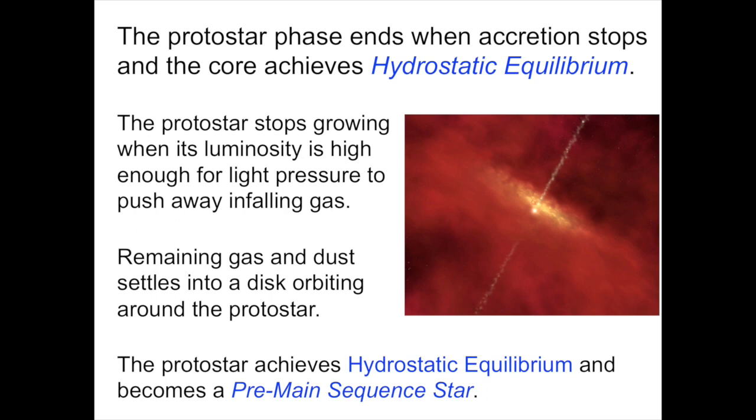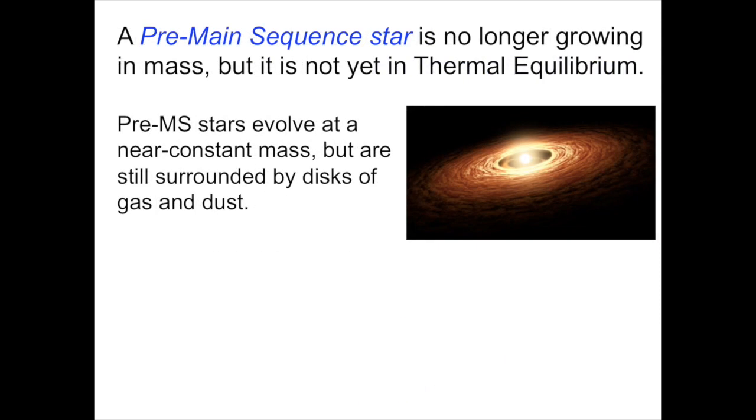The pre-main sequence phase is a time when the star is no longer growing in mass. It's in hydrostatic equilibrium, but is not yet in thermal equilibrium. This means that it's actually losing more energy, and the source of energy it can tap is not able to make up for its losses.